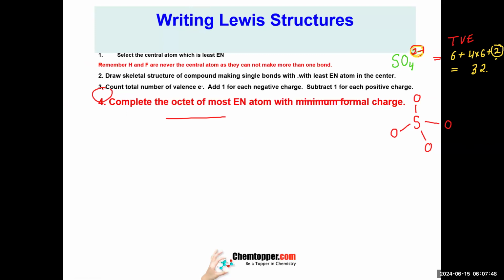Complete the octet of the most electronegative atom. Now, the most electronegative atom here is oxygen. Now look at the periodic table. Right now I'm teaching you rules, but very soon you will see that within a minute or two you can draw the Lewis dot structure.